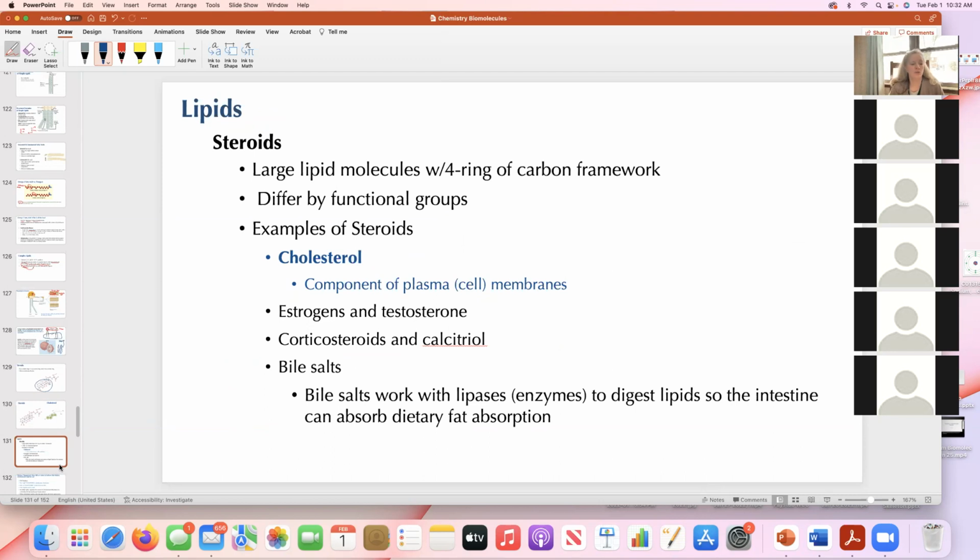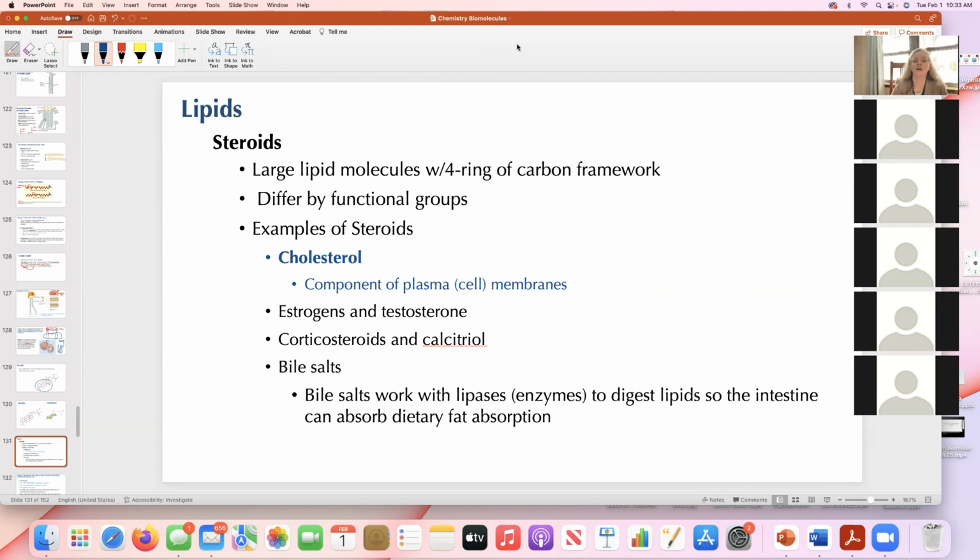And now we're looking at cholesterol and the steroids. We derive all of our steroid hormones from cholesterol. Cholesterol is a major component of every cell wall in your body, and it confers both some level of rigidity, but also fluidity to all the plasma cell membranes.